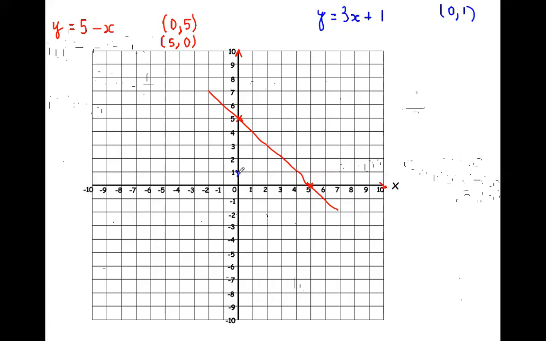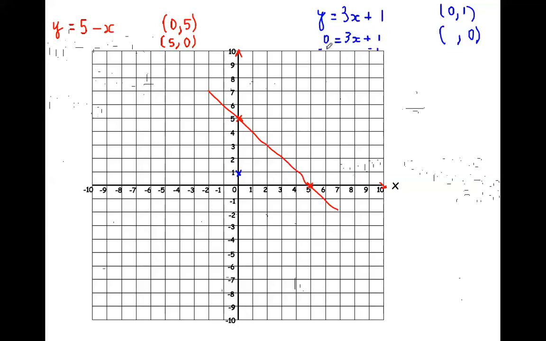And if y equals 0, that's my second point. When y equals 0, I've got to solve 0 equals 3x plus 1, for example. Yeah? So take away 1 on each side.